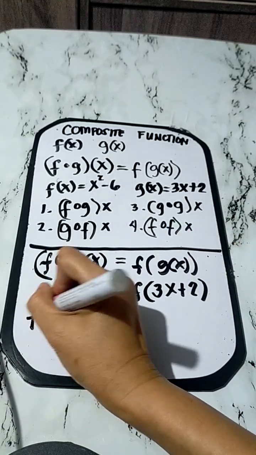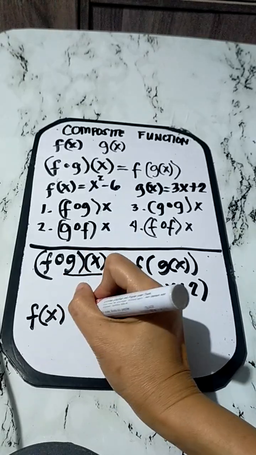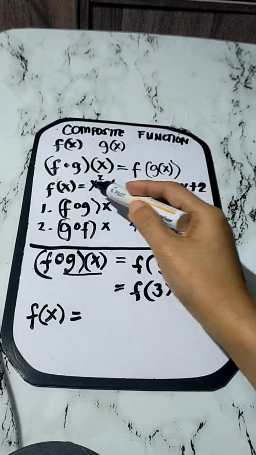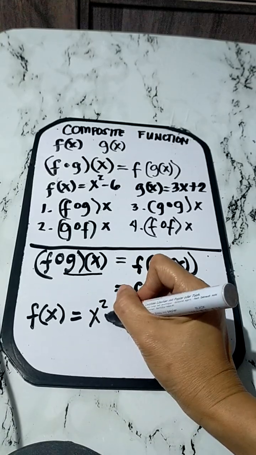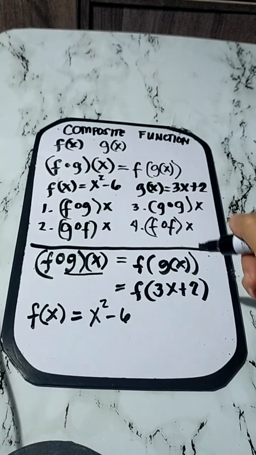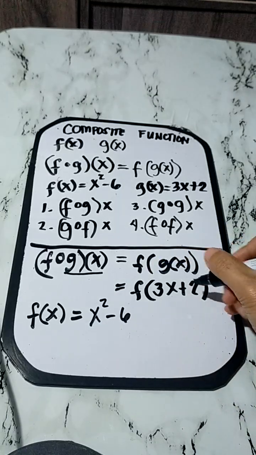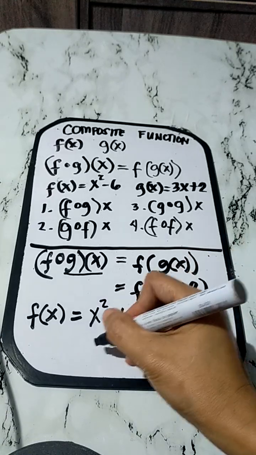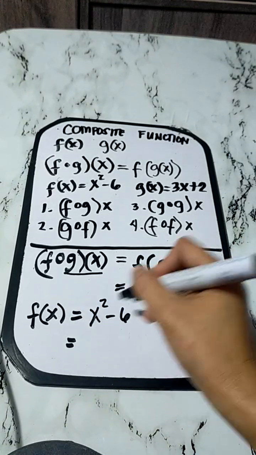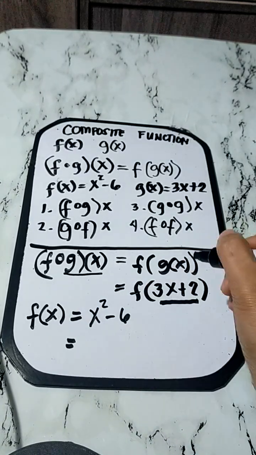From the given, our f of x is x squared minus 6. We need to substitute the value of x by 3x plus 2.